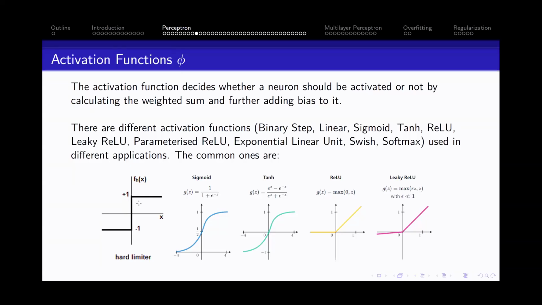You have the rectified linear unit, or ReLU, which is another common choice for your activation function, and in many neural network tasks you can use it for your problem. And you also have leaky ReLU, which allows small gradients to pass. That's the only difference from ReLU.